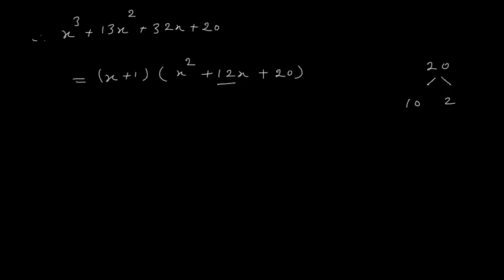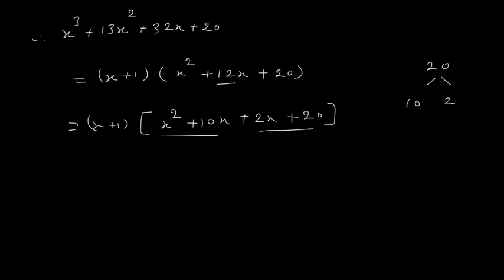So here it is x plus 1 in one bracket, in the other bracket I will write x square plus 10x plus 2x plus 20. Now I will take x common, so x plus 10, and here I will take 2 common, so again x plus 10.